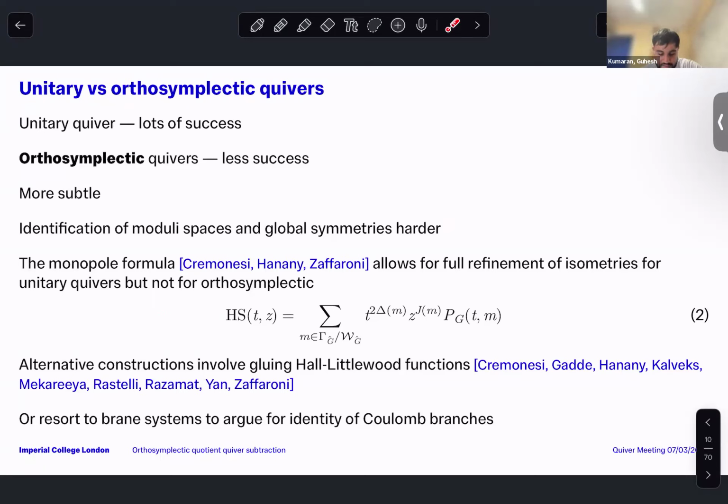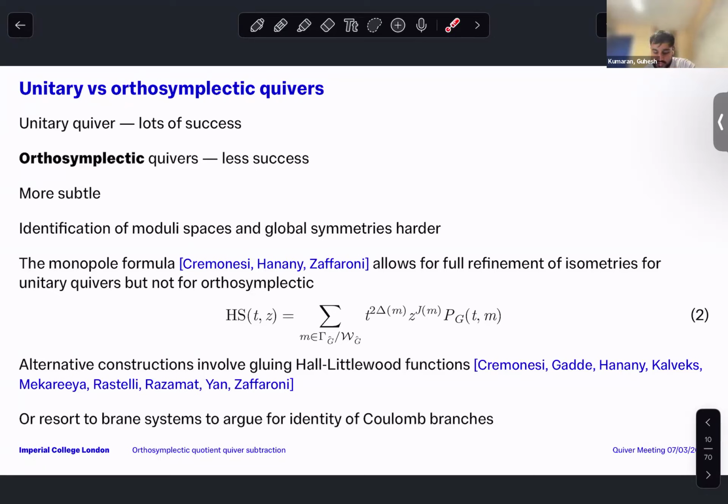The key difference with orthosymplectic versus unitary is this term here. So the monopole formula will allow for a full refinement of isometries in the unitary case, not so much for the orthosymplectic. So it's a bit harder to identify exactly what the generators and relations are in the chiral ring of the Higgs branch when you're dealing with orthosymplectic quivers.